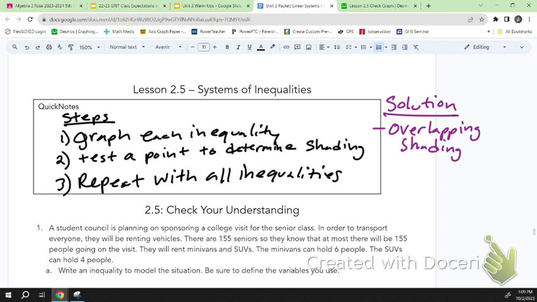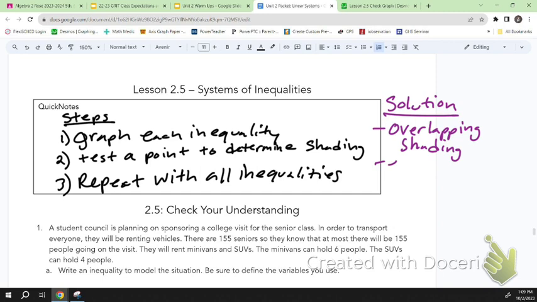On our warm-up, at the beginning of class, you had 2 inequalities, so you had 2 overlapping colors. Versus in our lesson, we had 3 inequalities, so you're looking for the 3 overlapping colors. So don't just look for 2. If there's 3 inequalities, that's what you're looking for, 3 shadings.